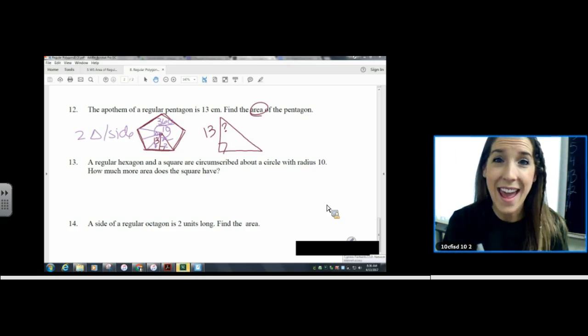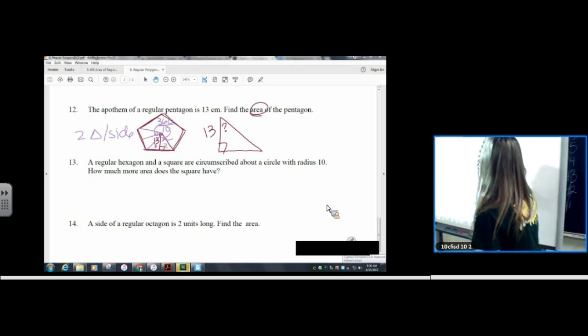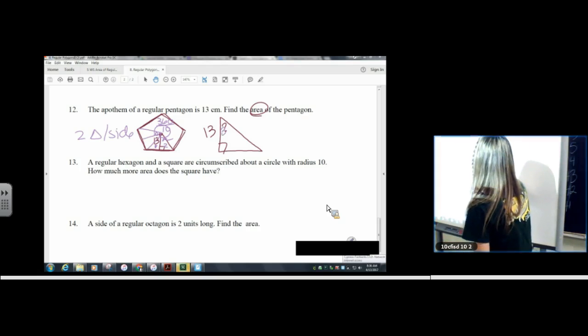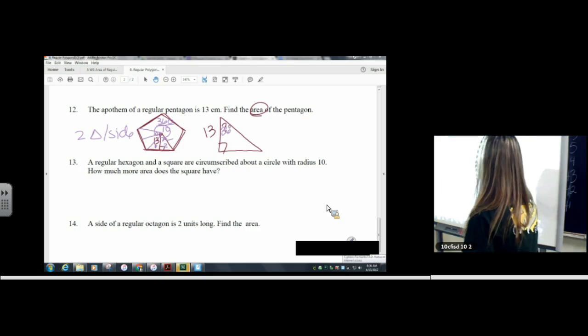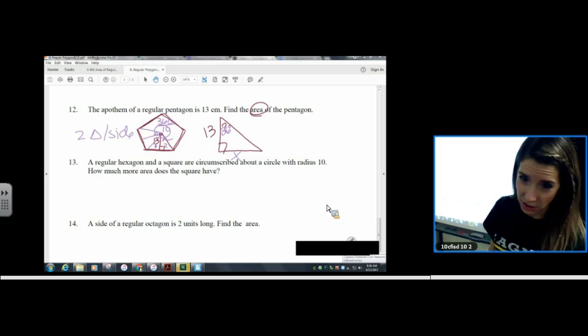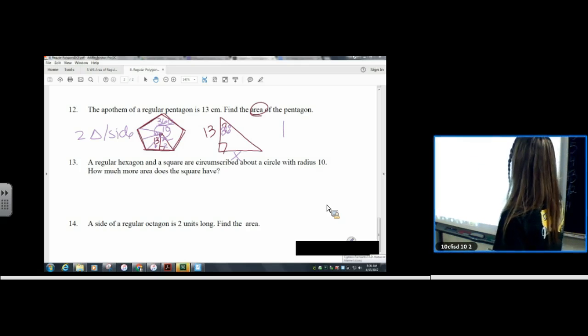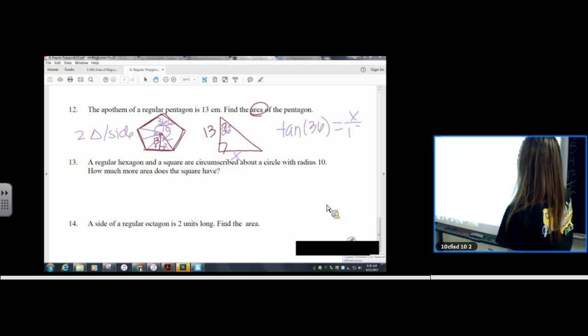I would divide it by 10 because there's 2 triangles per side. So I know this angle now. 360 divided by 10 is 36. I have tangent, which is what I usually have when I'm solving these problems because we have opposite and adjacent. Tan 36 equals x over 13.